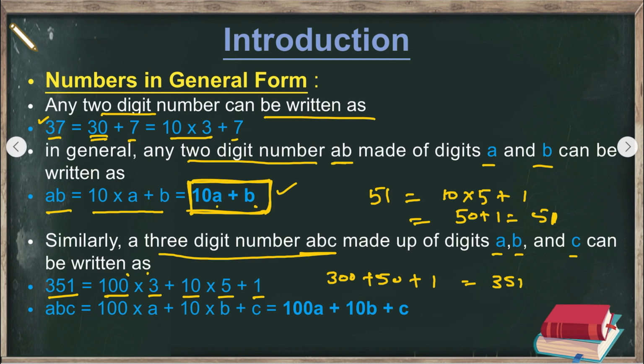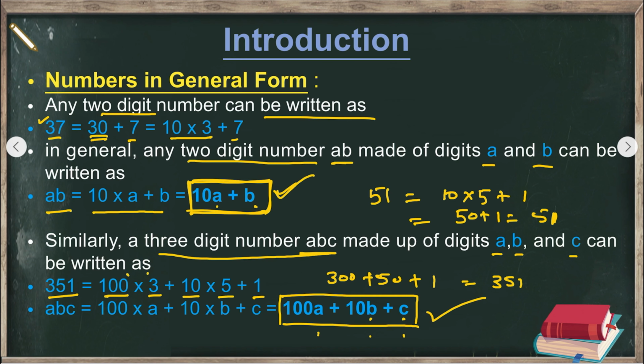Any 3-digit number can be written in the form of 100A plus 10B plus C, where A is the number at the 100's place, B is the number at the 10's place, and C is the number at the 1's place. So these two are the general forms of any 2-digit and 3-digit number.